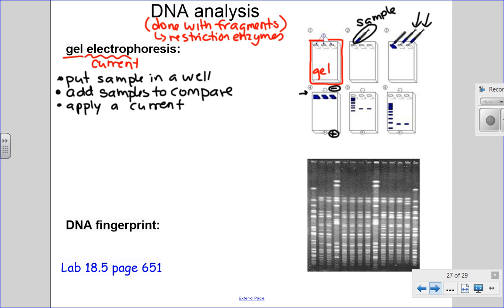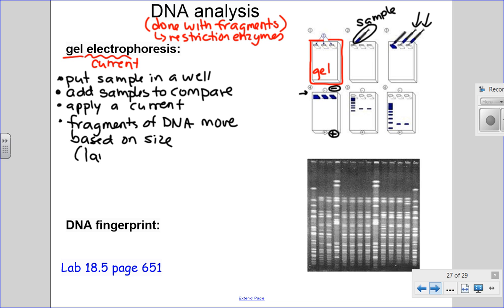When you apply the current, fragments of DNA move based on size. And the idea would be large fragments move slowly and small fragments move quickly.